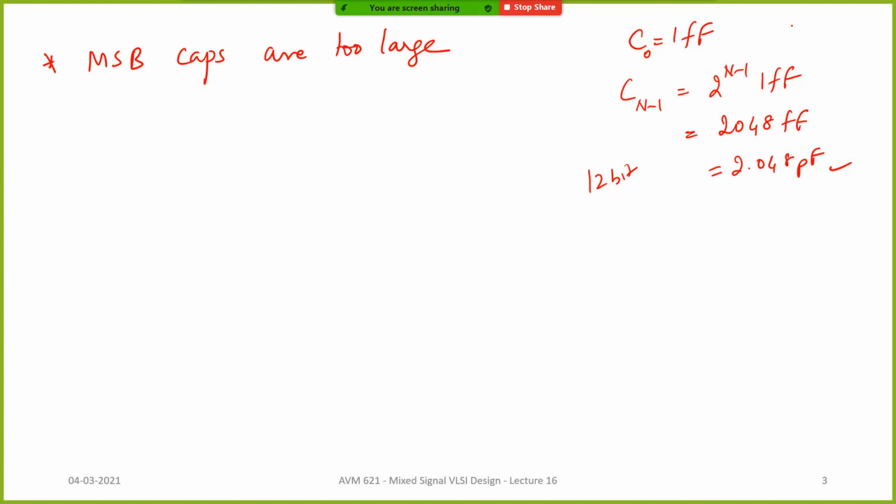For higher bits, it will be difficult, right? See, in the earlier example I gave, 100 femtofarad was the unit capacitance. Now I have reduced it by a factor of 100. I am saying now the unit capacitance is only 1 femtofarad, a very, very small value. And the MSB capacitor is very much within the range, around 2 picofarad, which can be easily implemented. So do you think it is okay, or do you see any other problem?